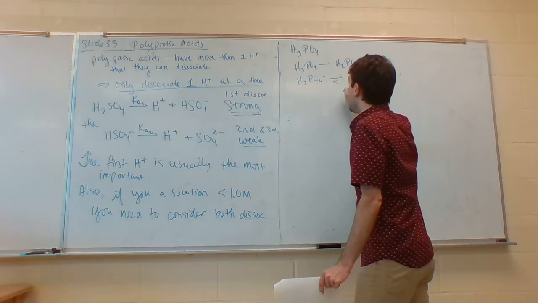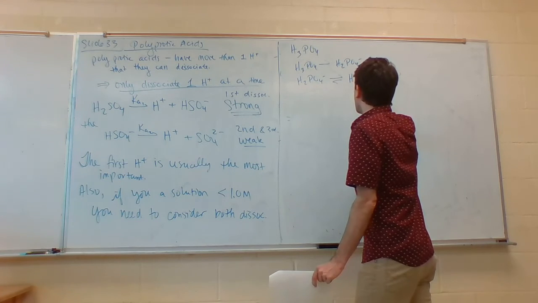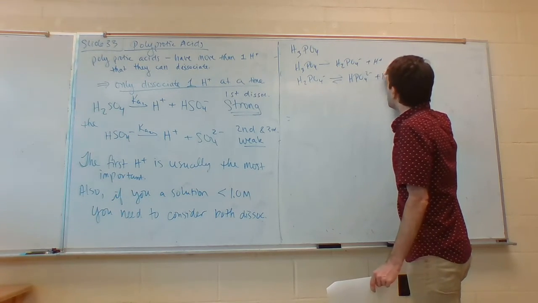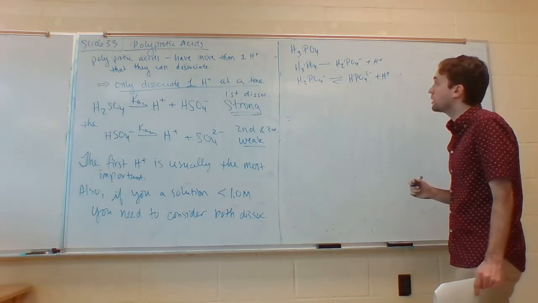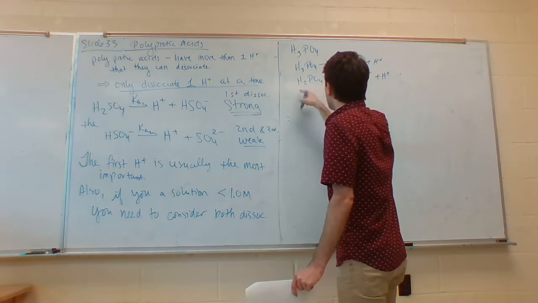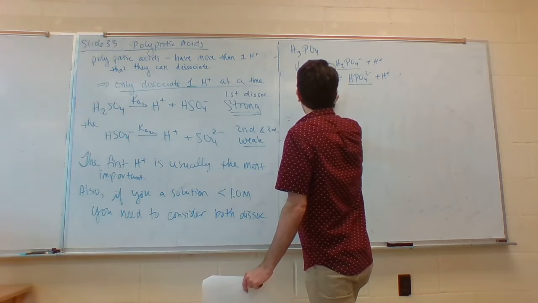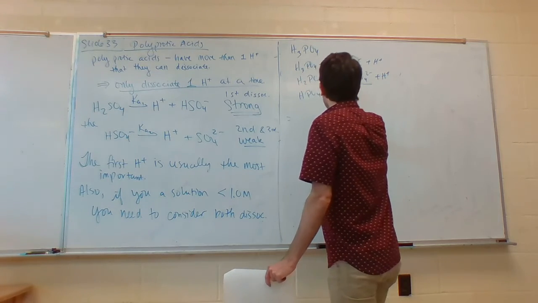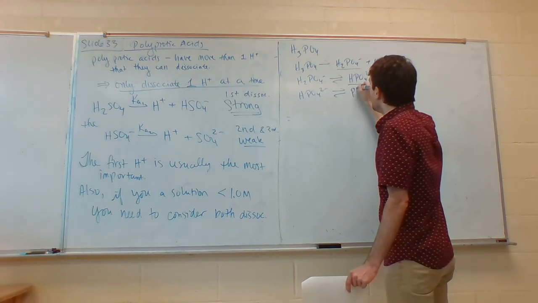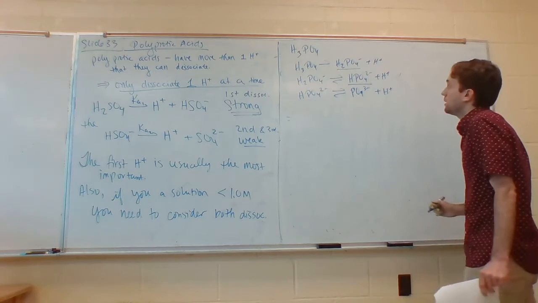So then it's now going to form an equilibrium where you have HPO4 2 minus plus a proton, okay? And then you take HPO4 2 minus, and it's going to form an equilibrium where you have PO4 3 minus plus H plus, okay?